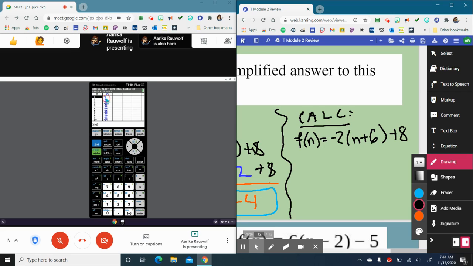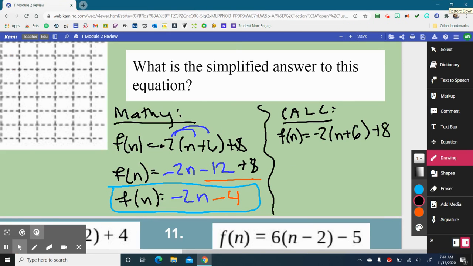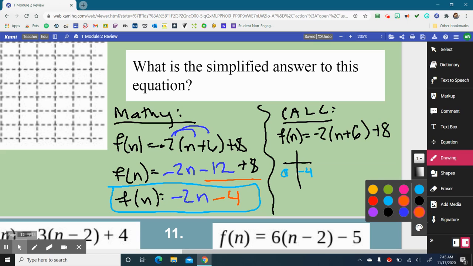I'm going to rewrite this on my screen here. So copying that table, we had 0 and -4. So when I simplify this equation, now I have all the information I need. I'm going to first copy that -2 down. You always want to copy that number in front of the parentheses first.